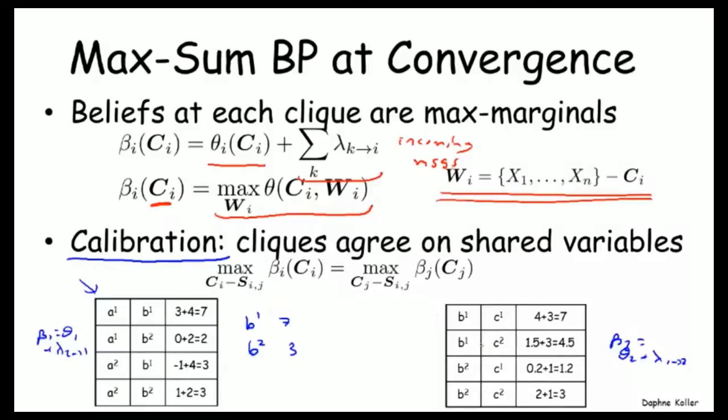This clique also tells us that the best possible completion for B1 has a score of 7, and for B2 a score of 3. So these two cliques agree regarding the variable in their shared scope, which is the variable B.